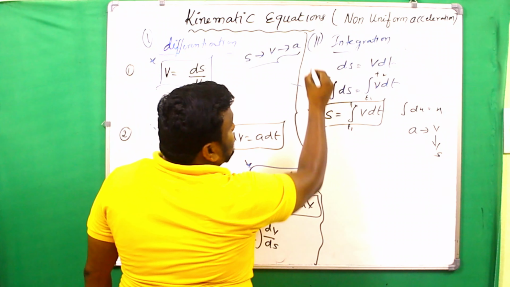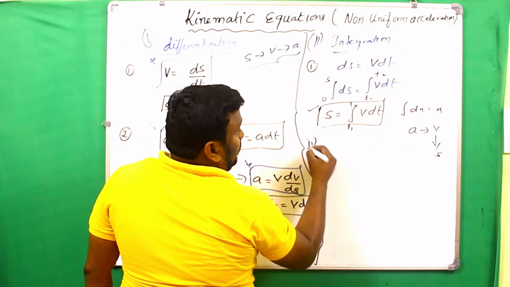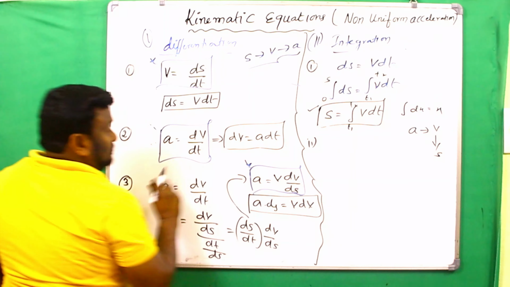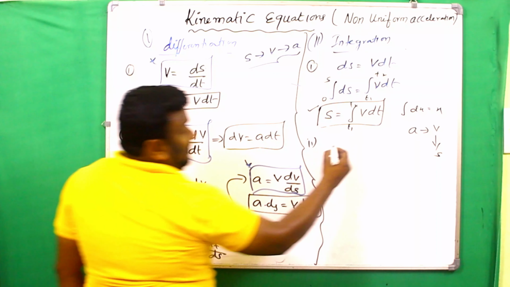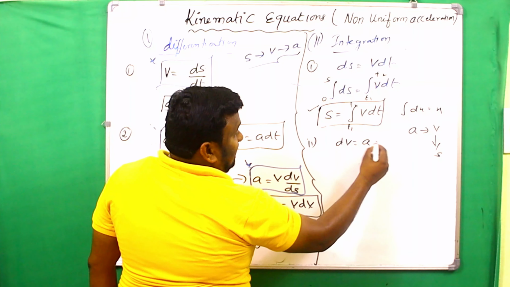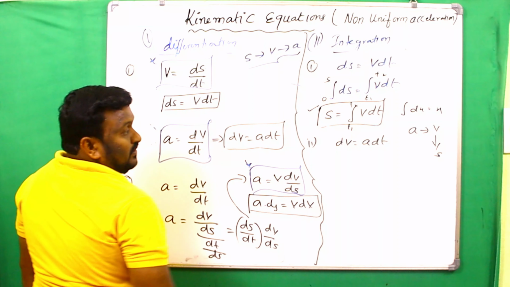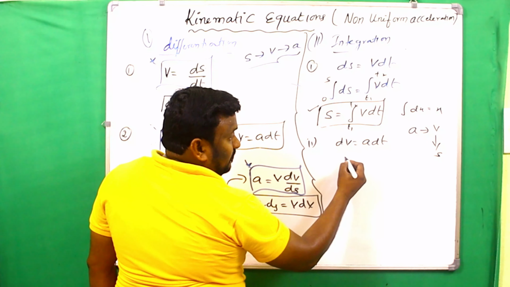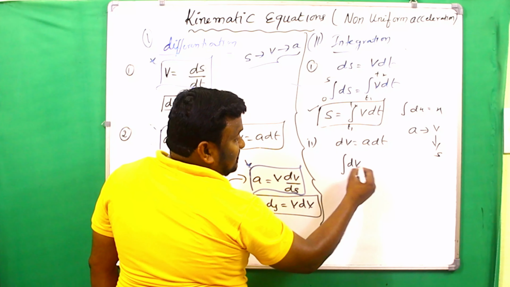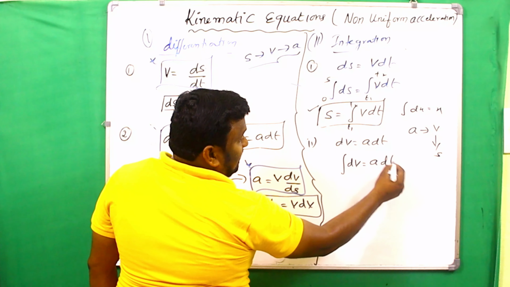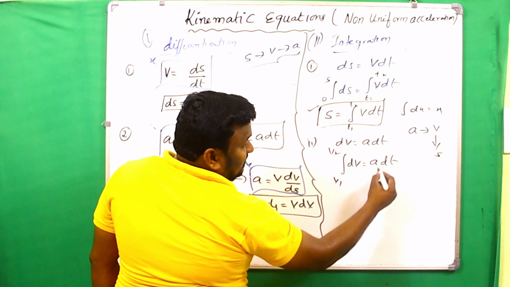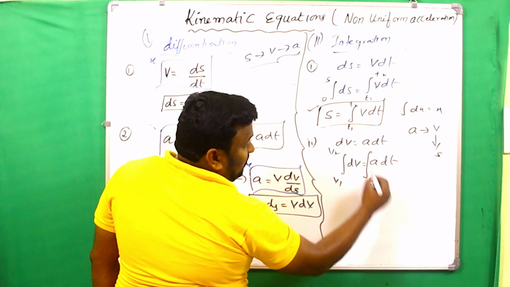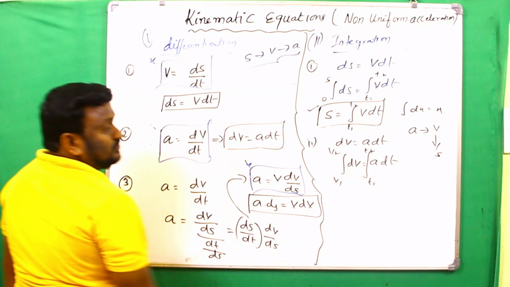And the second one here: a = dv/dt, so dv = a dt. So here ∫dv = ∫a dt, with limits v1 to v2 on the left, and t1 to t2 on the right. Clear?